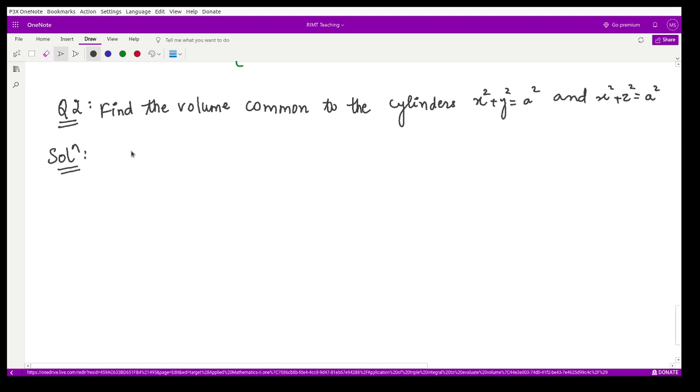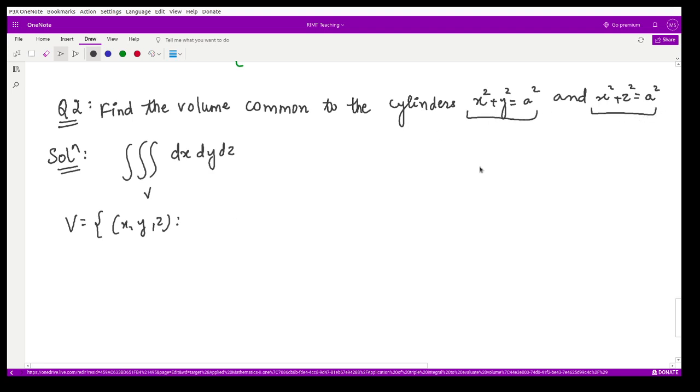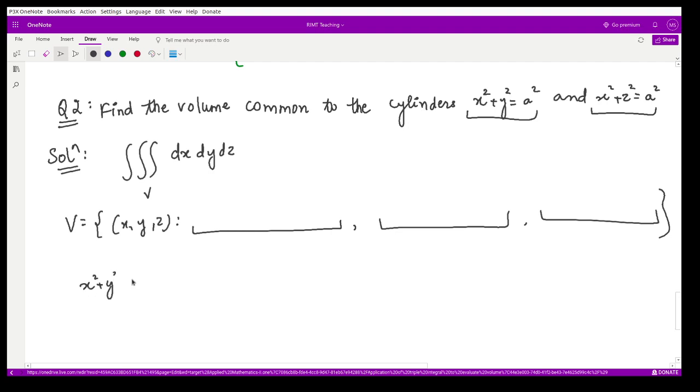So for that, we are seeking the volume of the surface, dx, dy and dz. Then what is this volume? It contains all the points x, y, z such that the limits are, we have to determine what are the limits according to this. So that means we are looking for the limits of x, the limits of y, and the limits of z. For that, we can use the expression x square plus y square is equal to a square.